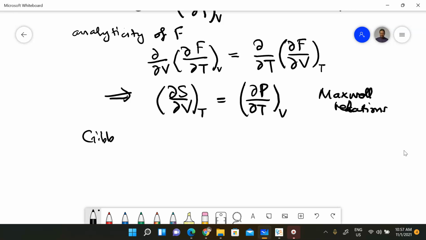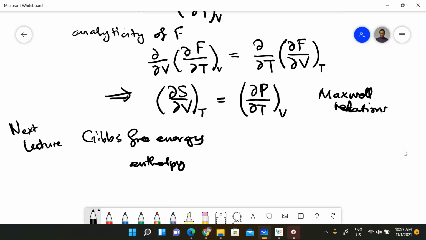So this next lecture, Gibbs free energy. Enthalpy is already defined, and of course we have already seen internal energy. Each of these has their own Maxwell relation.